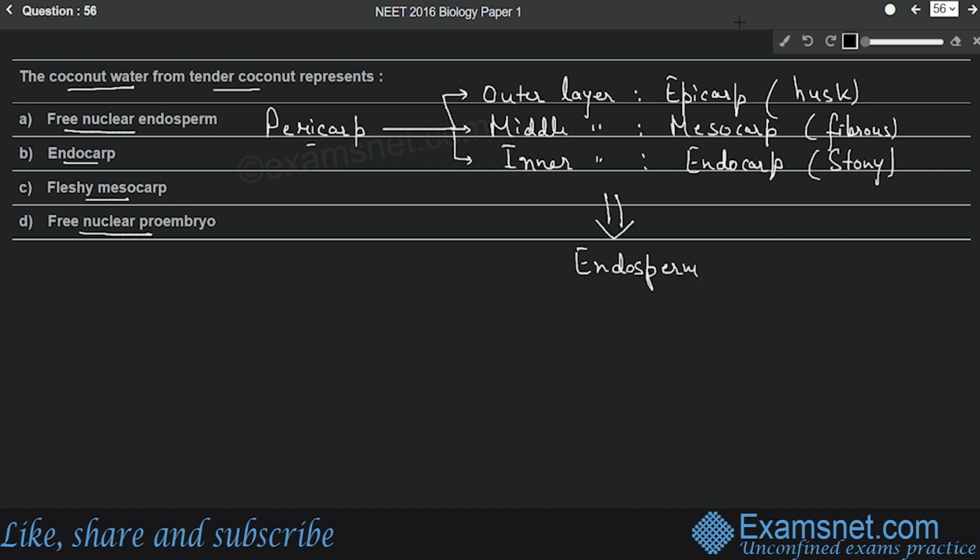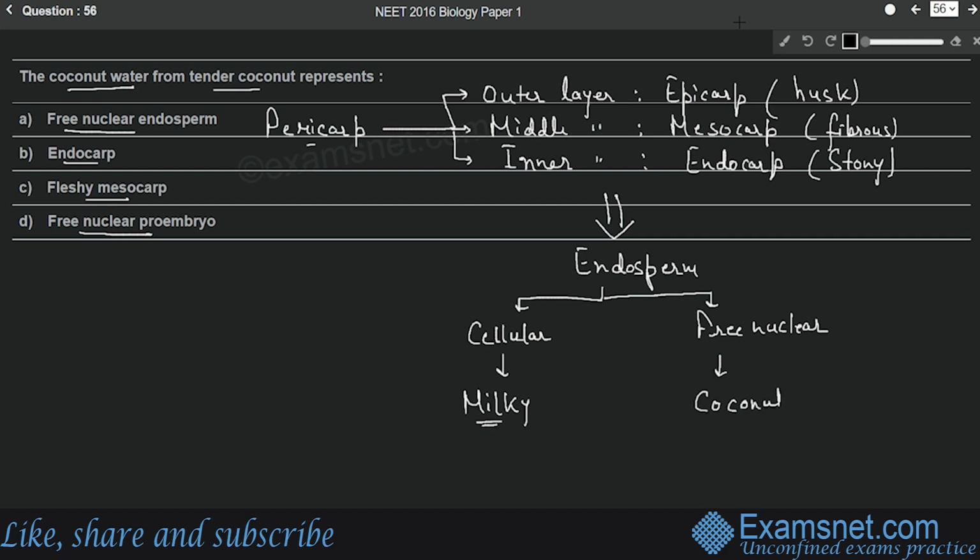Now this endosperm is also of two types. First is the cellular endosperm, and the second one is free nuclear endosperm. Now cellular endosperm is that part which is milky in appearance, okay, milky part. Whereas free nuclear is nothing but the coconut water about which the question has been asked. So we can say that the coconut water from the tender coconut is free nuclear endosperm. Okay. So the correct answer will be option number A.